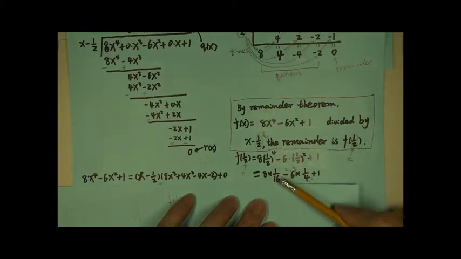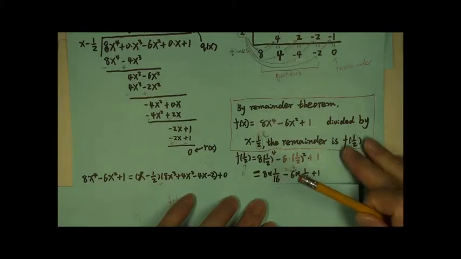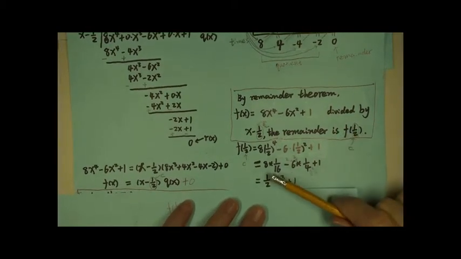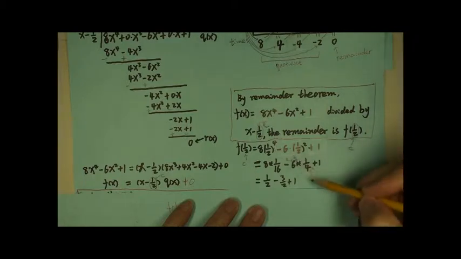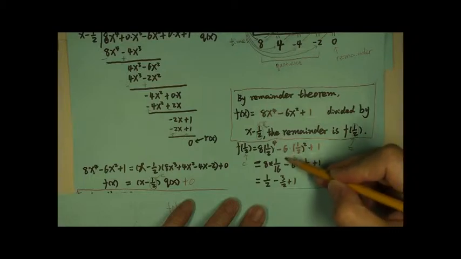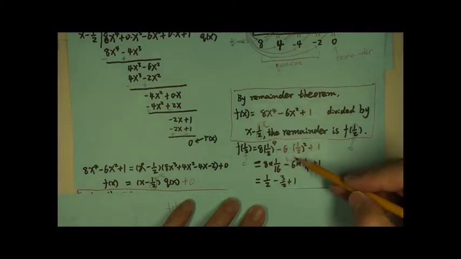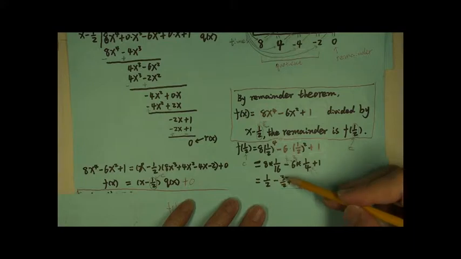Now here is 8, here is 16, then we have a 1/2. 6 is 2 times 3, 4 is 2 times 2. If we cancel this 2 with this 2, we have a 3 over 2 negative here. So it's 3/2, plus 1 down here.